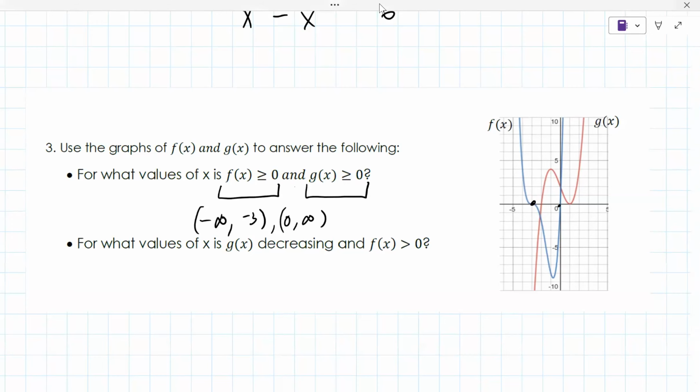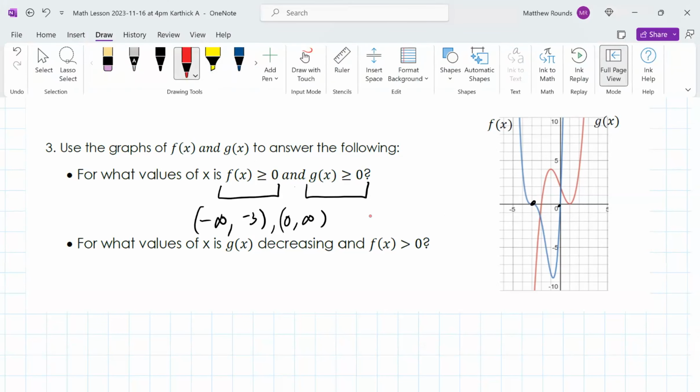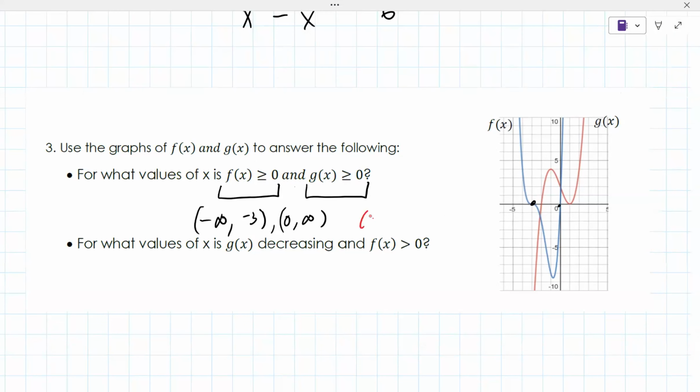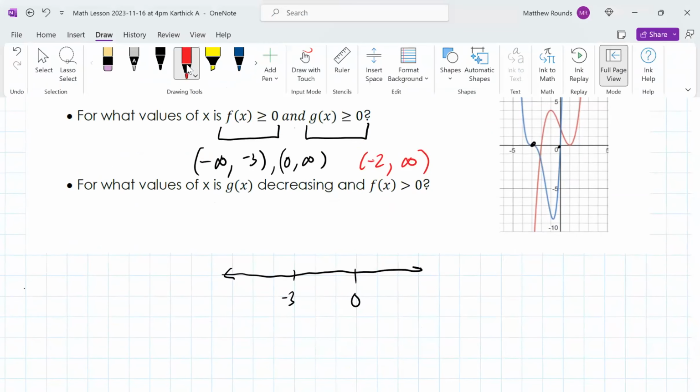The next one is a little harder to do, but g of x is greater than 0 from minus 2 to infinity. Then you have to decide where they overlap, where they are both true. One way to do it is draw a number line and label, okay, that's -3, that's 0, and then do the other one.